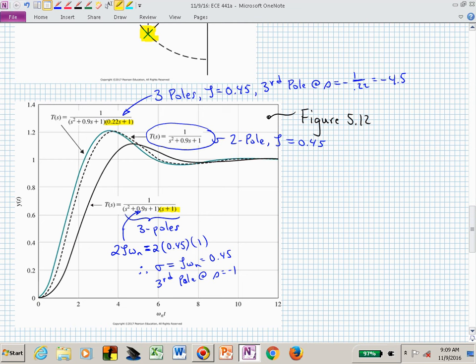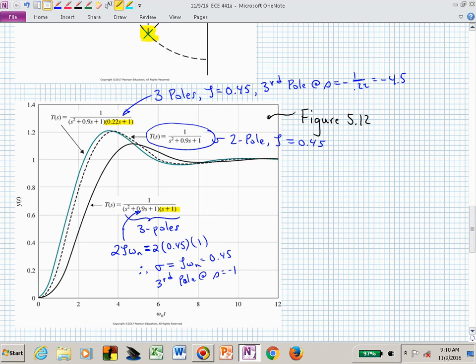Contrast that with the solid black line, which now has a third pole at s equals minus 1. Now it's much closer to the origin. It's going to influence those two poles because all three are playing together, all a distance of 1 away from the origin. And you can see that it has reduced the overshoot behavior, and maybe even sped it up a little bit, because it's now playing together with these two other original dominant poles.